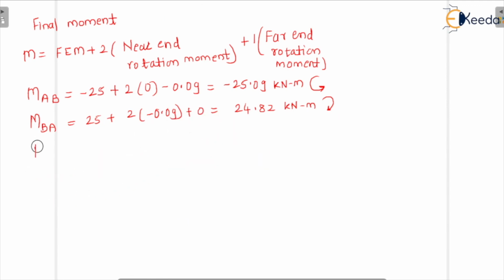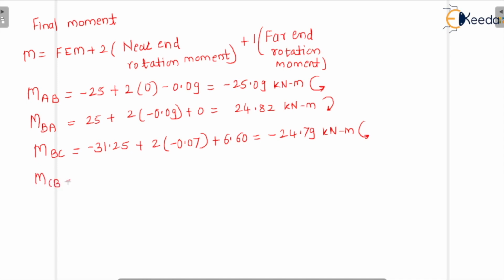Okay, M of BA, then M of BC we have to calculate. So that is minus 31.25 plus 2 into minus 0.07 plus 6.60. So we get the answer as minus 24.79 kilonewton meter. Then M of CB is 31.25 plus 2 into 6.60 minus 0.07. So the answer is 44.38 kilonewton meter.